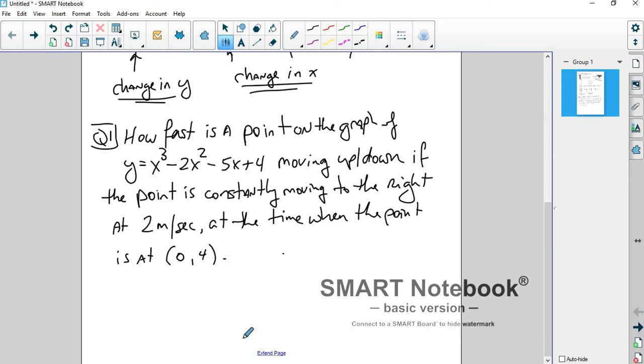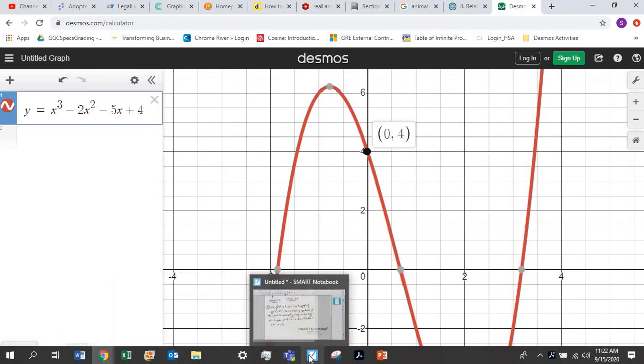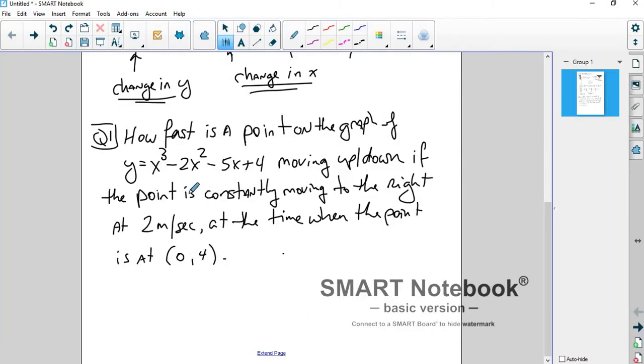If you go back to the graph, the point (0, 4) is on the graph, and as x moves to the right, y goes up and down and up. So what's really happening here is that dx/dt, the point moving to the right, is a constant 2 meters per second.